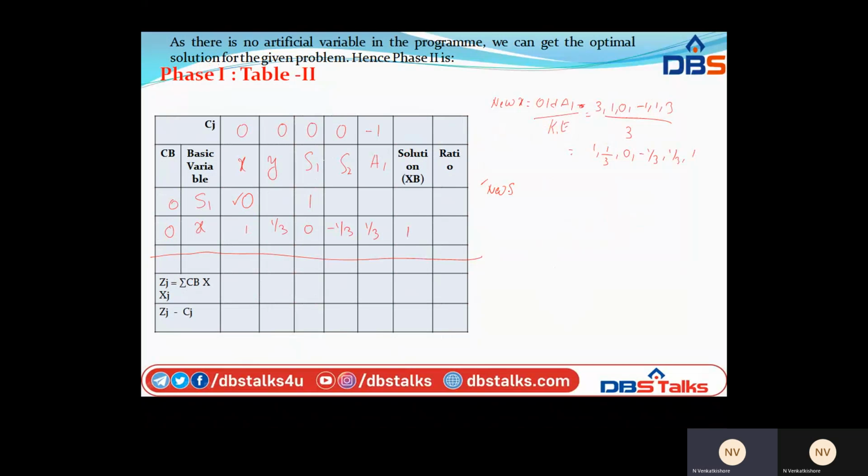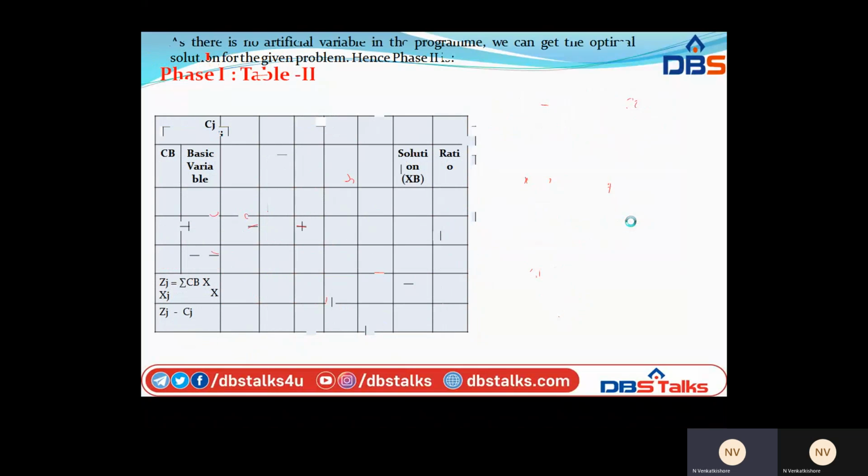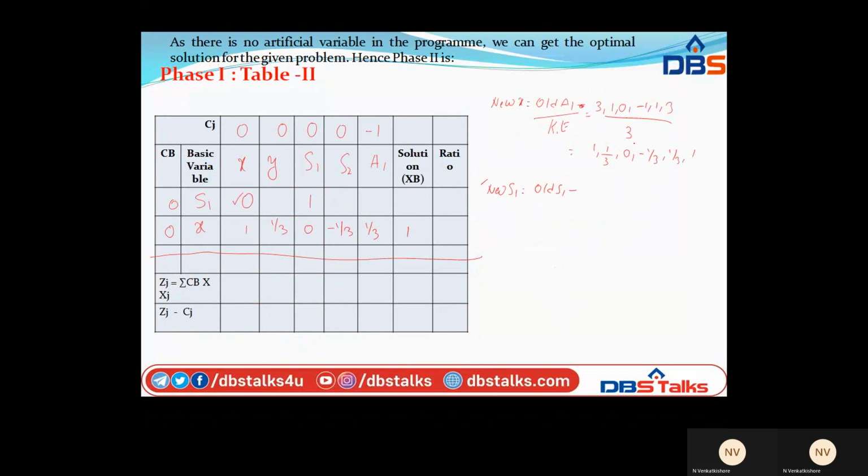New S1 equal to old S1 minus 2 into new x, because 2 needs to become 0. So like that, do the operations.